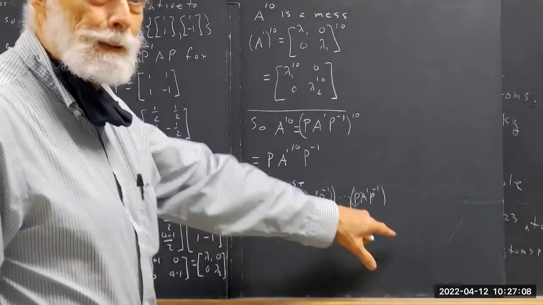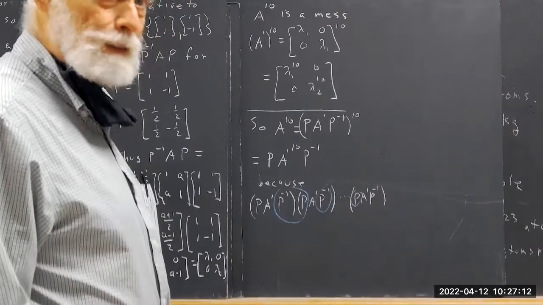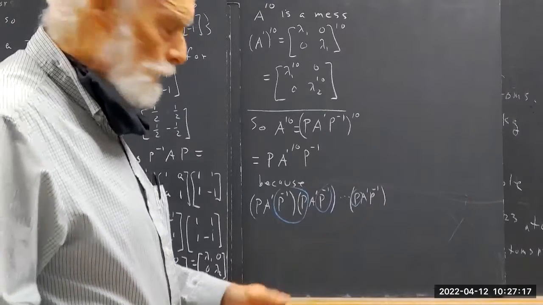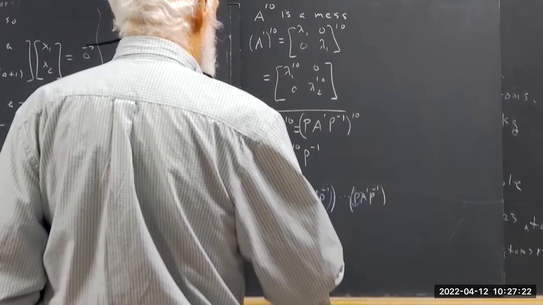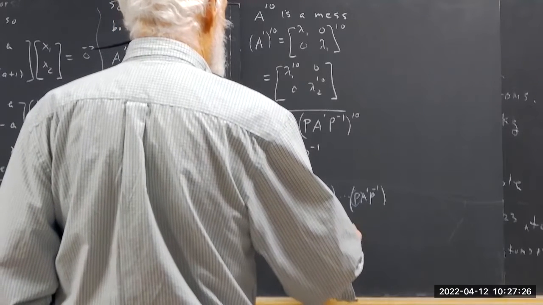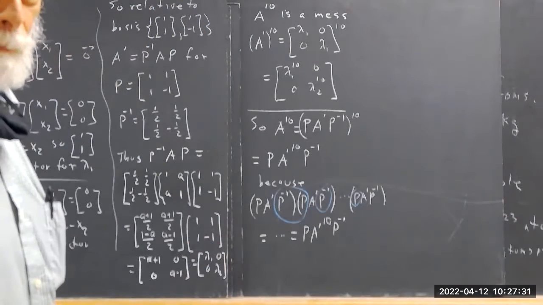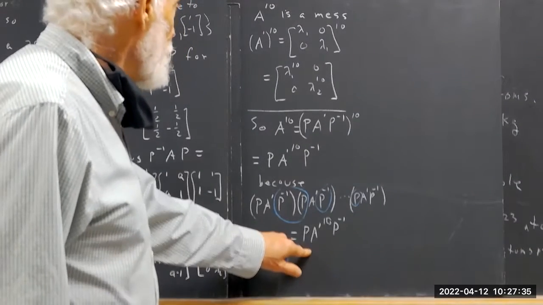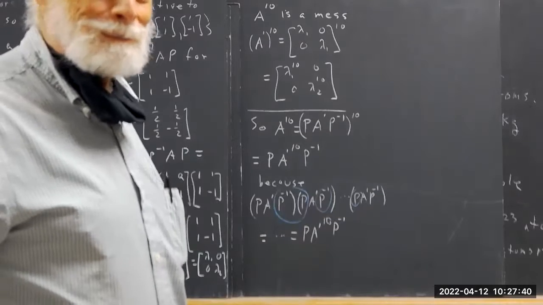You just have a bunch of identities in between, and the only ones that don't give you identities are the ones at the beginning and end. Is that clear? There are a few steps, but they're straightforward. And this is a lot easier than trying to do 10 multiplications of A by itself.